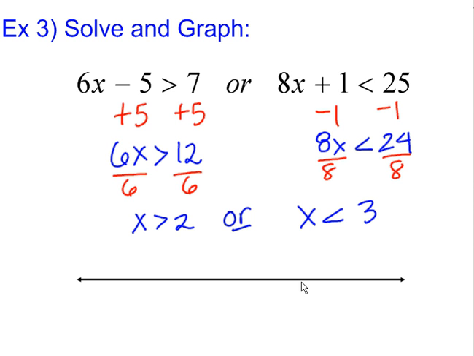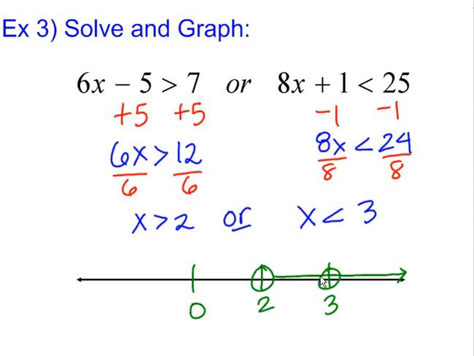Okay, so let's see what happens when we graph this. I need a 0, a 2, and a 3. Okay, so we need an open circle at both of them. Now it says x is greater than 2. Well, x is greater than 2 is going to take off in that direction, isn't it?